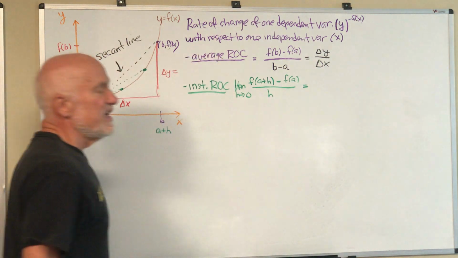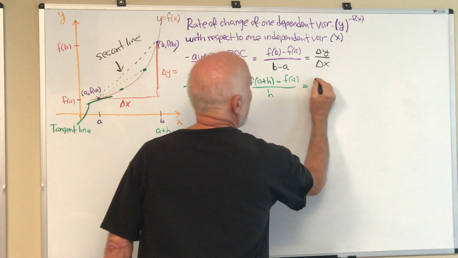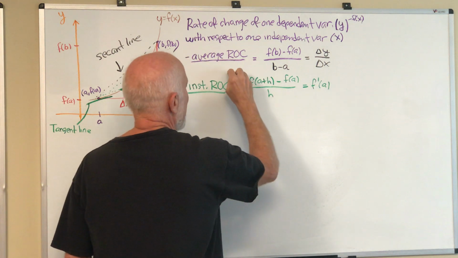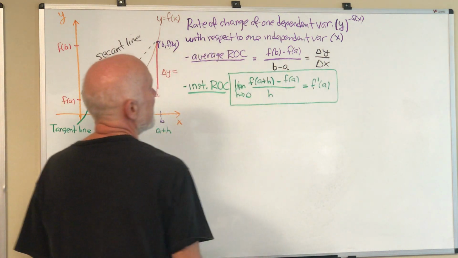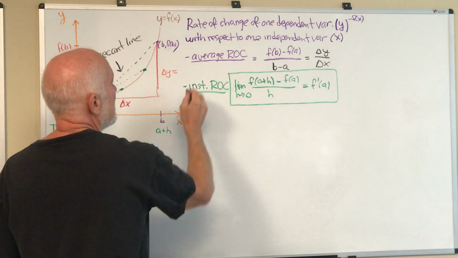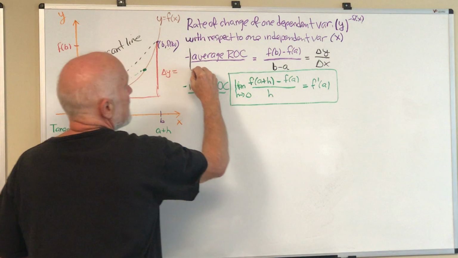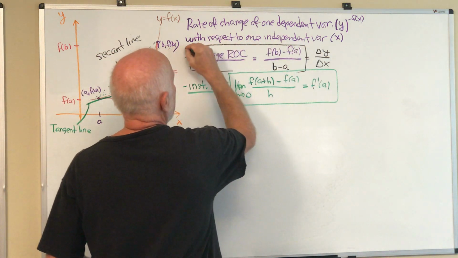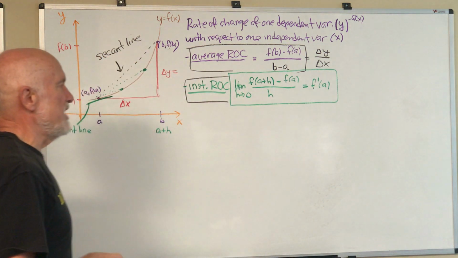And because that's also called the derivative, we're going to call it f prime of A. So this is actually a pretty important formula. This one also is important, but not quite as important. So we have the instantaneous rate of change and the average rate of change.